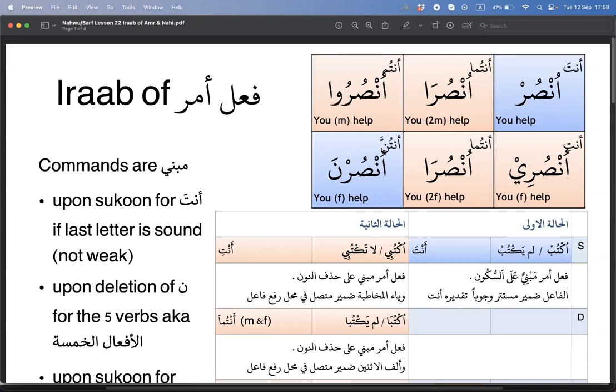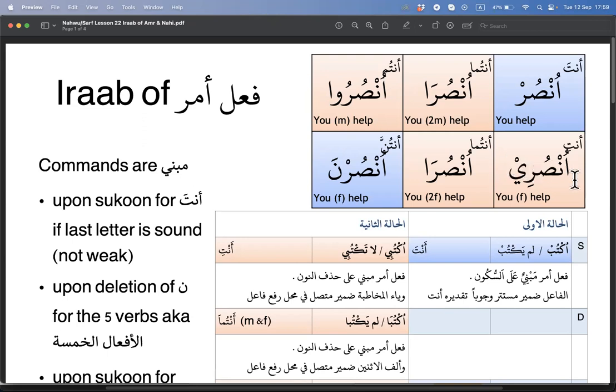Okay. What about anti? Anti, the ya. Yes, the ya. So only here and in fi'il mudhari, the anti got an extra letter, right? Because anti in fi'il madi you don't have ya. It's just ta fa'il.